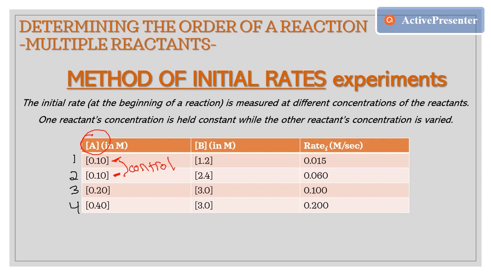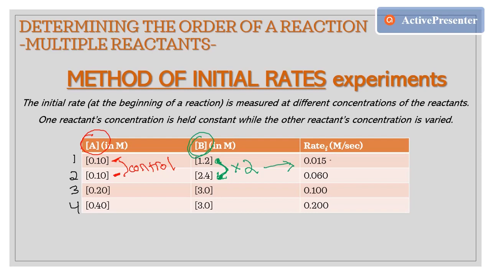We're going to look at the concentration of B in these two experiments. When we went from experiment 1 to experiment 2, we went from 1.2 to 2.4. So that means we doubled the concentration of B. Now let's look over here and see what it did to the rate.